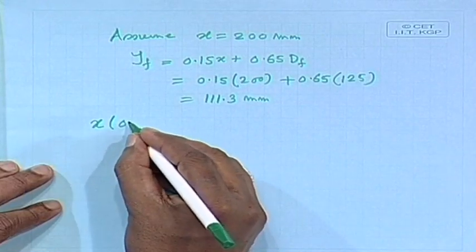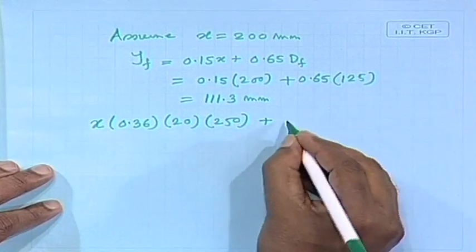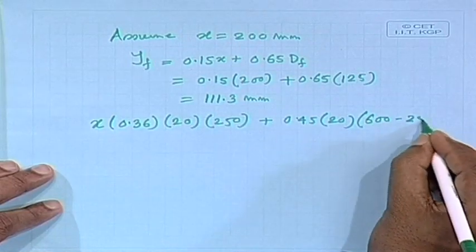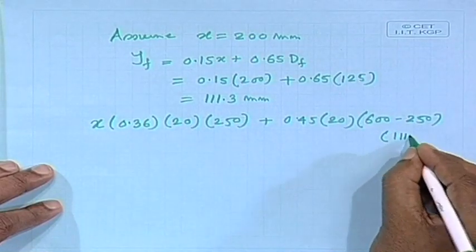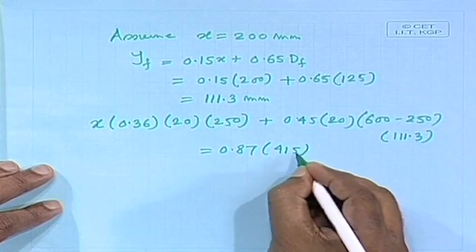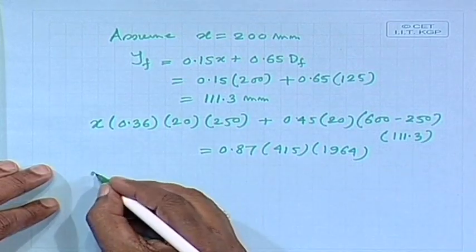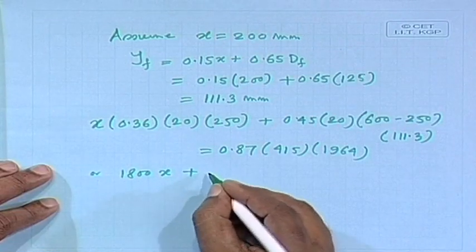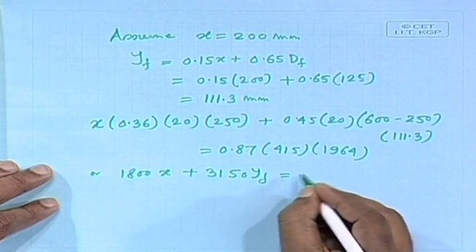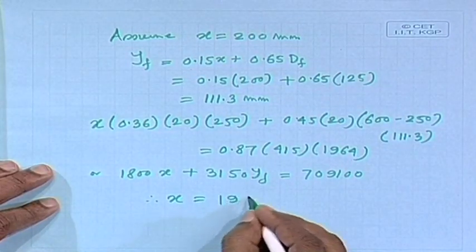Using the same equation, x times 0.36 times 20 plus 0.45 times 20 times 600 minus 250 times 111.3 equals 0.87 times 415 times 1964, or 1800 x plus 3150 yf equal to 709100, or x equal to 199.2 millimeter.